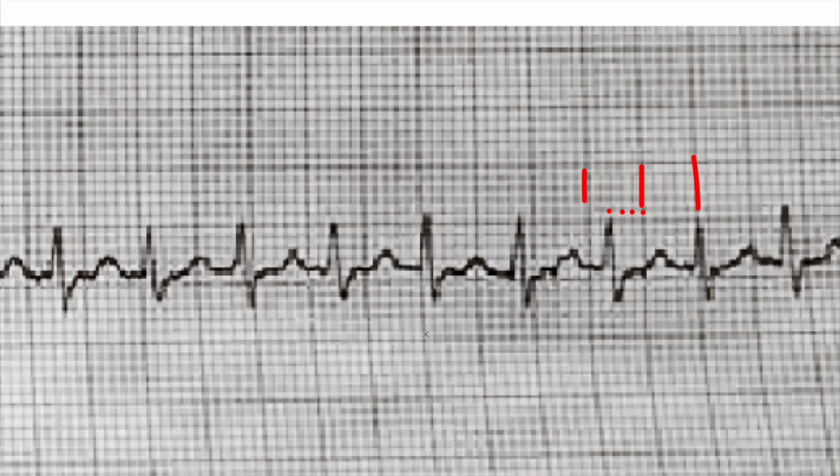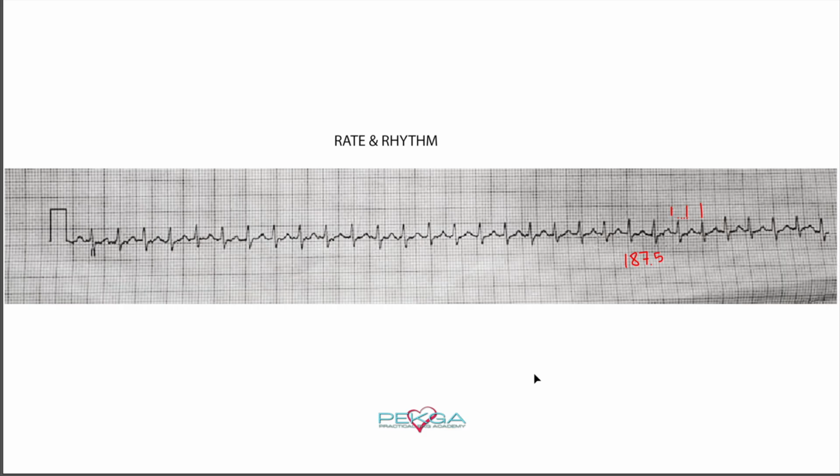Now, 1500 divided by 5 plus 3 here, 8 boxes, will give you a rate of 187.5. Now this 0.5 nobody's really going to care about. You can call it 188, 187. You can call it 190. I don't think anybody would care.